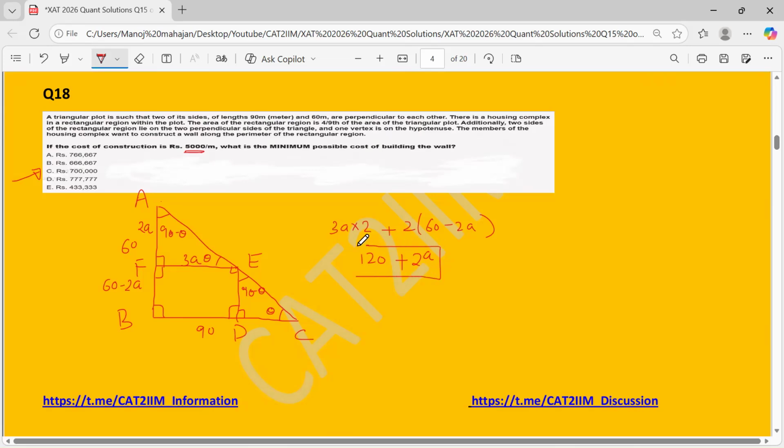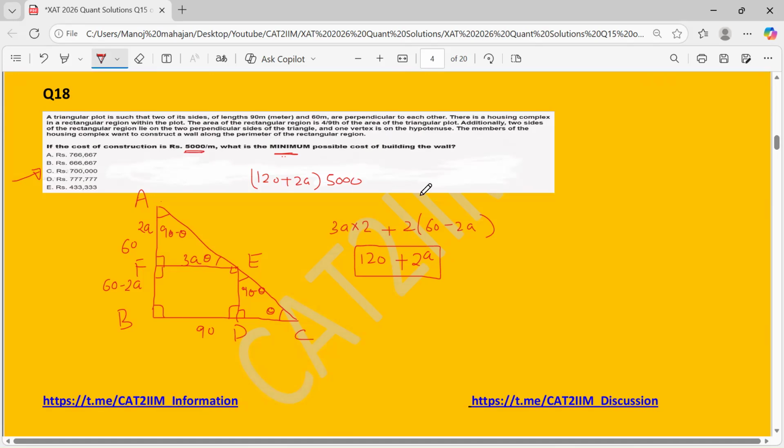We just need to calculate the minimum perimeter, so for that A should be minimum. And why are we doing so? Because we have to get the minimum possible cost, and this would be multiplied with 5,000. I was just saying that highly likely the answer would be C, a multiple of 5,000. Let's see further.